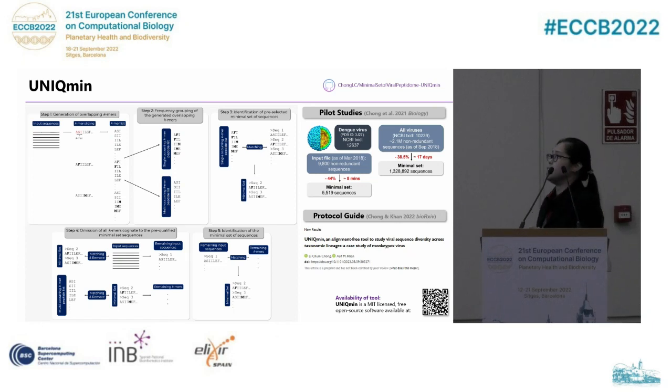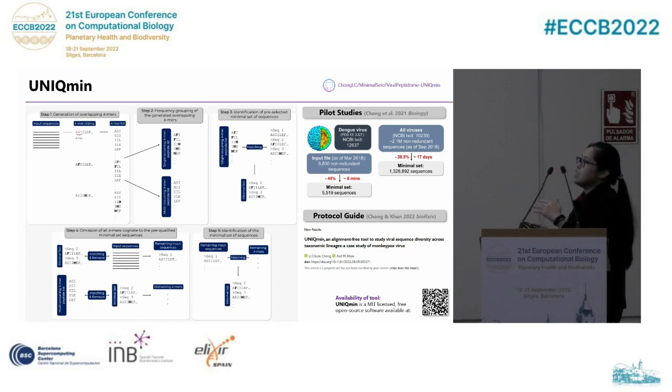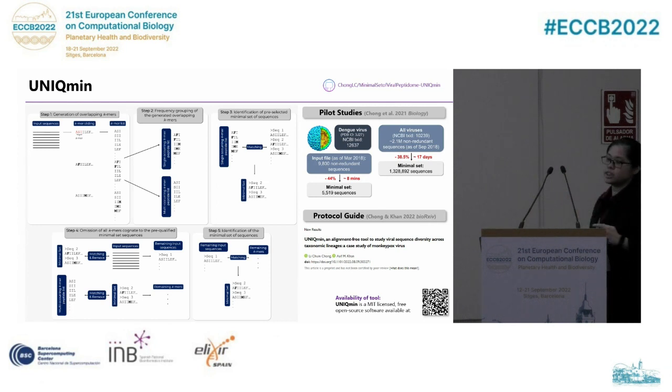This approach has been applied as a pilot study on the non-redundant dataset of dengue as of March 2018, and also all the viruses as of September 2018. A significant compression was achieved for each dataset, which is about 44% for the non-redundant dengue dataset and 38.5% for the all viruses dataset.